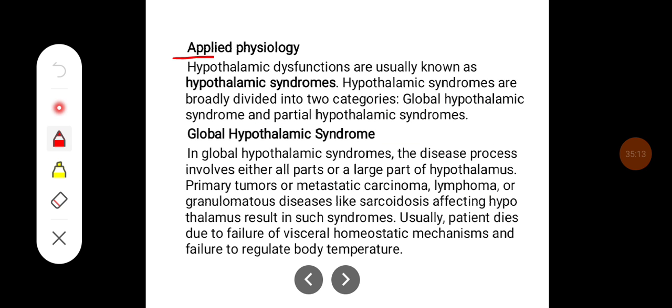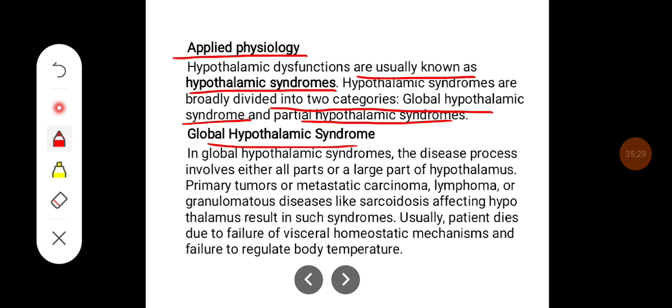Some of the applied aspects related to the hypothalamus. Hypothalamic dysfunctions are usually known as hypothalamic syndromes. Hypothalamic syndromes are broadly divided into two categories: the global hypothalamic syndrome and partial hypothalamic syndromes. Global hypothalamic syndrome. In global hypothalamic syndrome, the disease process involves either all parts of or large part of hypothalamus.